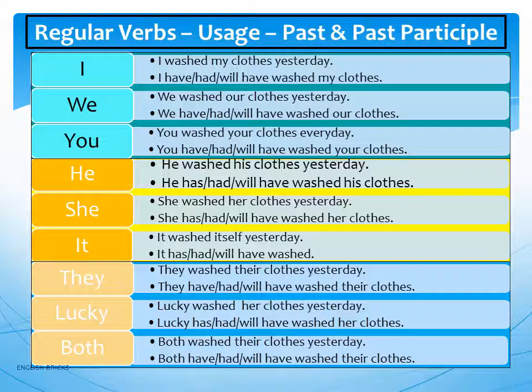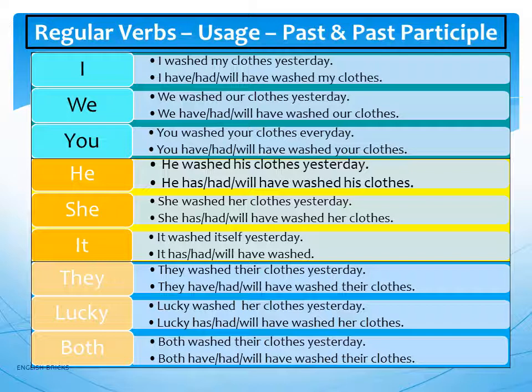You remember that I said past participle we use in perfect tenses, and this is a classic example of perfect tense. I have washed my clothes. I had washed my clothes. I will have washed my clothes. Right? We washed our clothes. Here washed is past form. We have washed our clothes is in the past participle form.